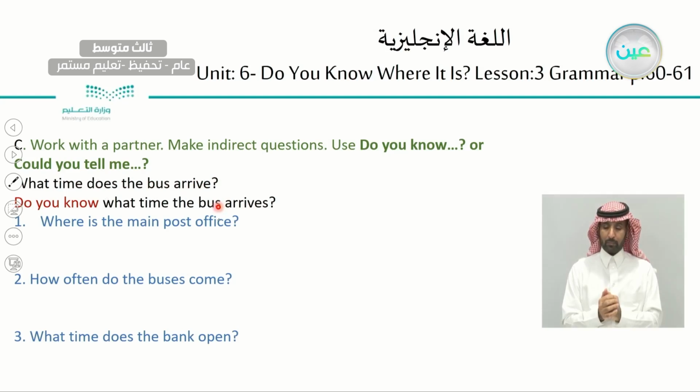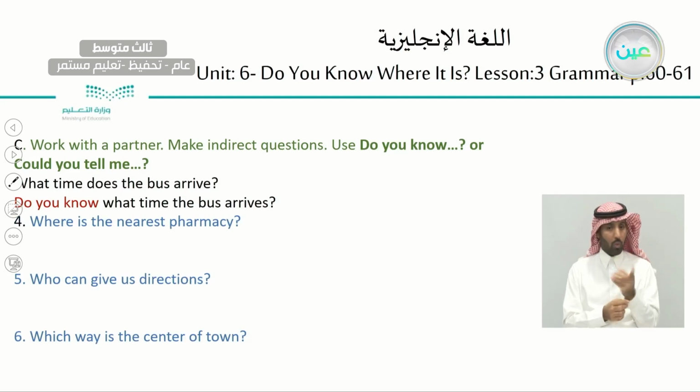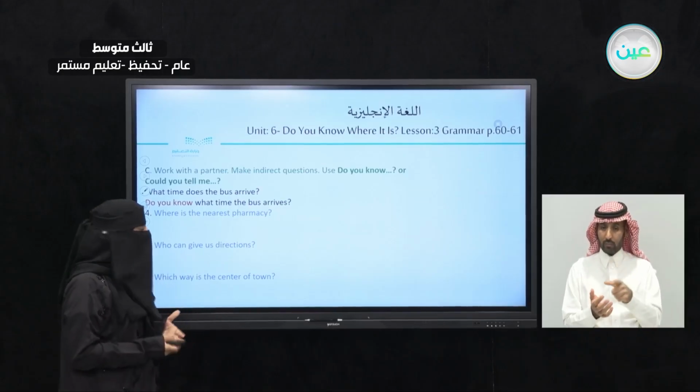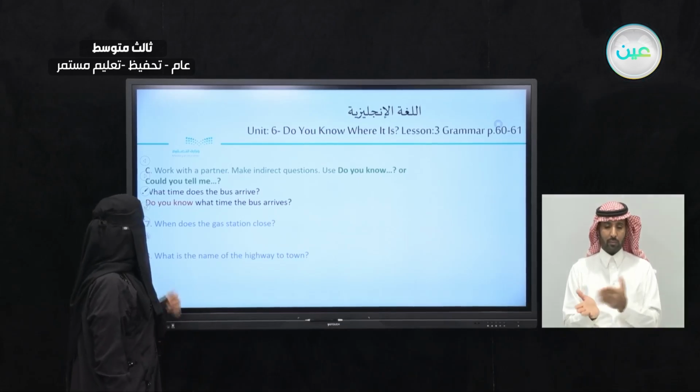It will be changed, the indirect, to do you know what time the bus arrives? Okay? You can use either do you know or could you tell me? Okay? From 1 until the end, pause the video, read it, discuss it with your friend, check the answers, try to form the questions together, and let's see the answers together.